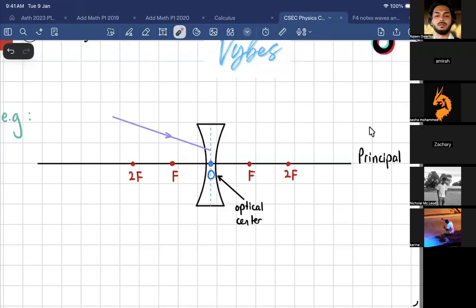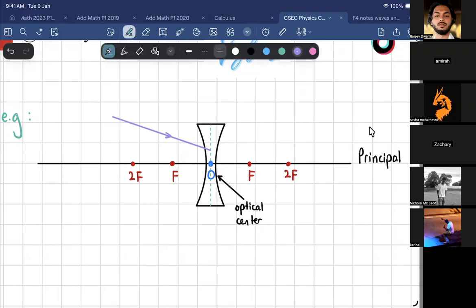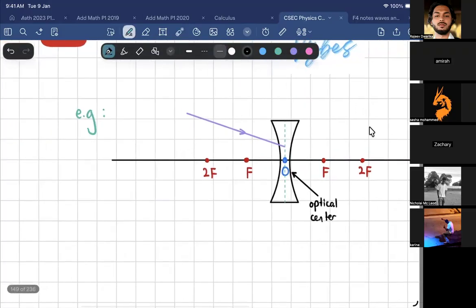Okay, do you guys know what parallel means? If you don't, that's fine, just tell me. Yeah, it could be parallel. Sasha, you say yeah, it will be parallel? Actually, it wouldn't, but let me show you why.